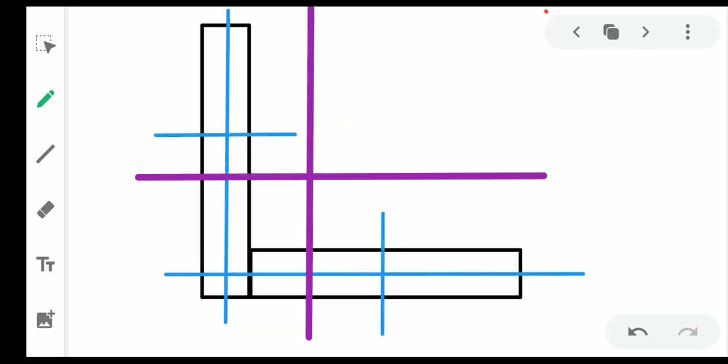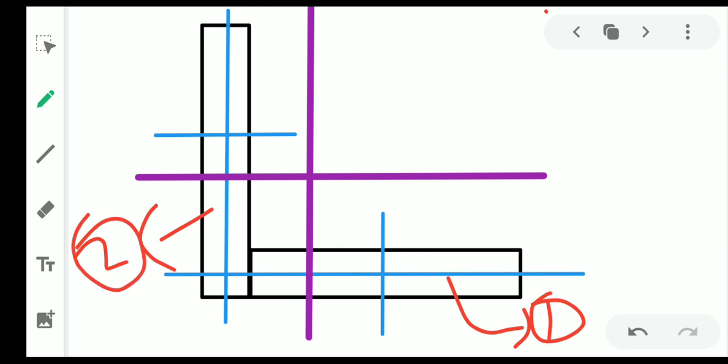Next, this is a composite section, as I already told you, and we already calculated the centroid of that L section. This is a simple L section. The blue lines you are seeing, suppose this is section 1, this is section 2. The blue lines you are seeing here are the centroidal axes of section 1 and 2.